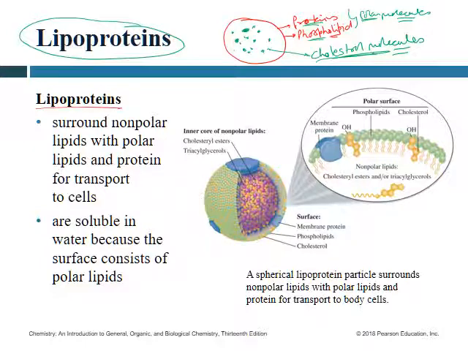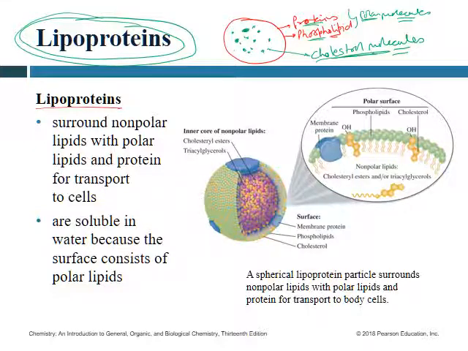And when this lipoprotein containing cholesterol goes into the blood, the blood can easily transfer it from one area to another, right? So this is how the body normally transfers or moves the cholesterol molecule from one part to another with the help of lipoprotein.